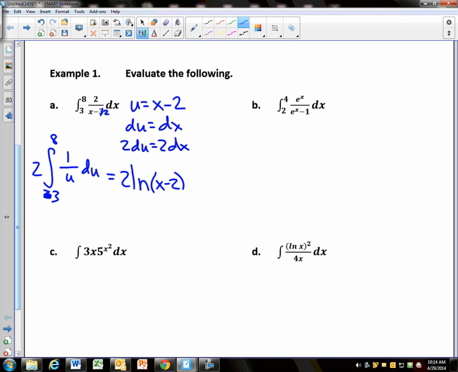And we're going to do 2 times that, and we're going to evaluate it from 3 to 8. So let's plug them in. When you plug in 8, you get 2 times the natural log of 6, minus 2 times the natural log of 1.